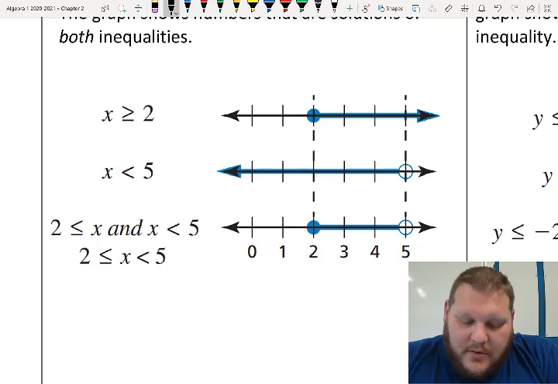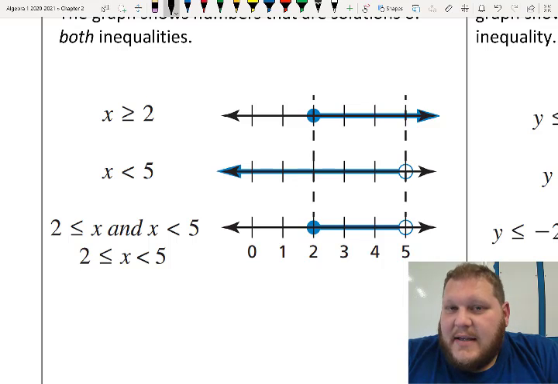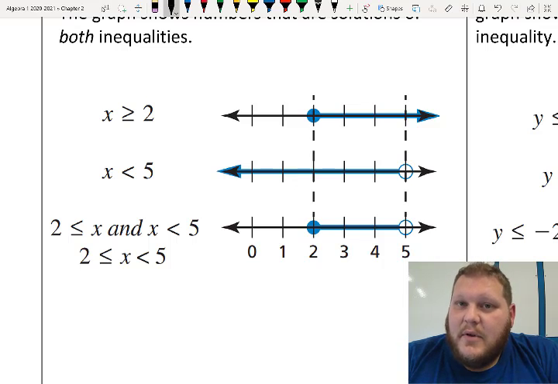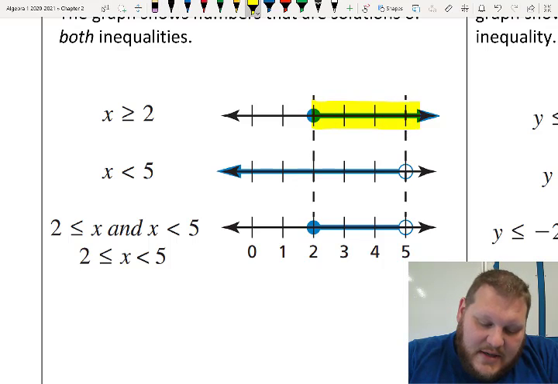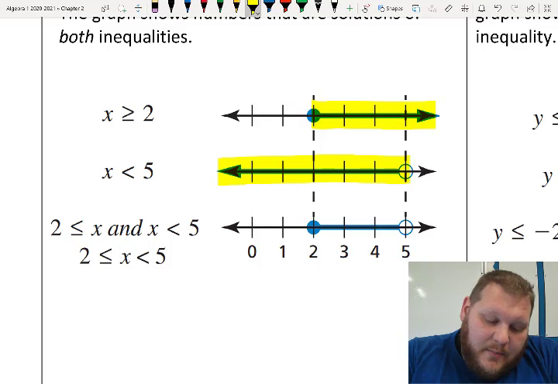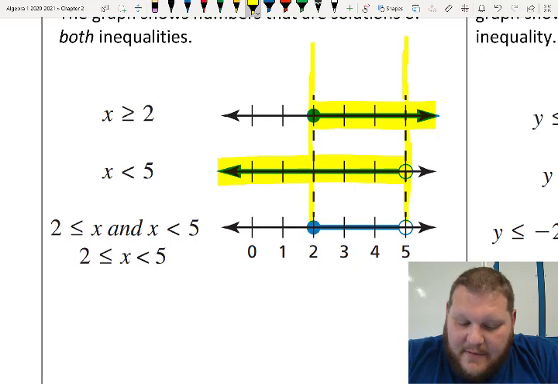We can see my boundary at +2 and shaded to the right. My bottom one here at +5, x is less than 5, and shades to the left. If I were to take both of those inequalities and combine them into a single number line, we can see that my graphs intersect between +2 and +5.